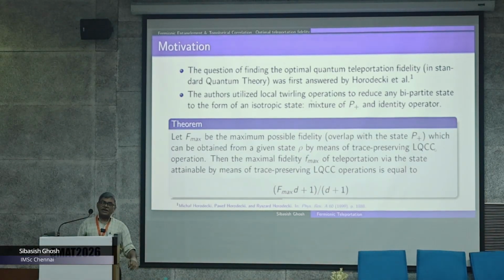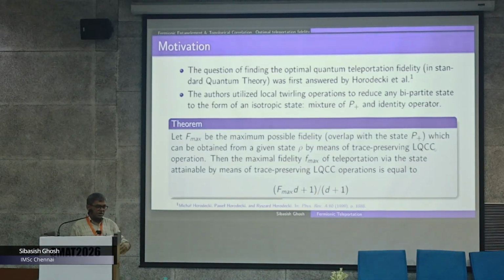So the question is that if the sender and receiver share a maximally entangled state, then you are done. You can do quantum teleportation exactly. But if it is not maximal entanglement, then what do you do?